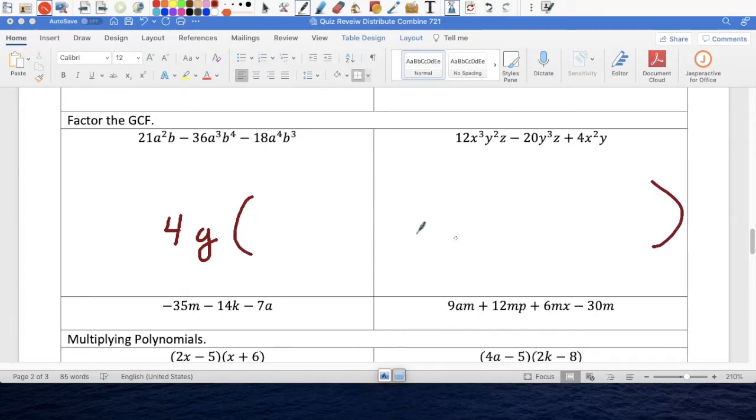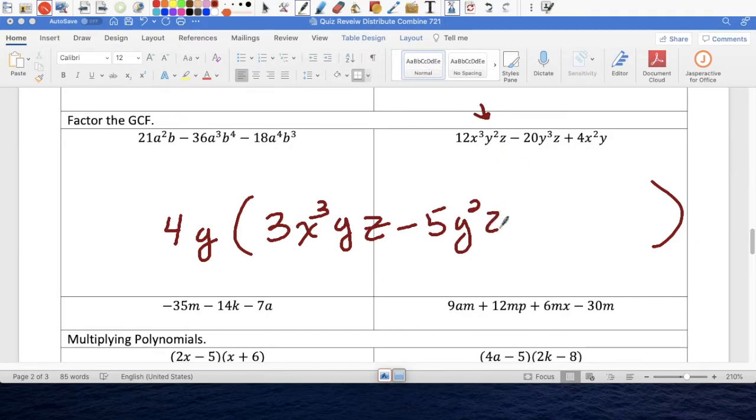Now, 4y times what will give me 12x cubed y squared z? Well, 4 times 3 is 12, and then I'm going to have to add the x cubed. 1y, because y times y gives me y squared, and I have to add the z. Minus 4 times 5, and then I need to have y cubed here, so y times y squared will give me the y cubed, and then I'm going to add the z. 4 times what is 4?